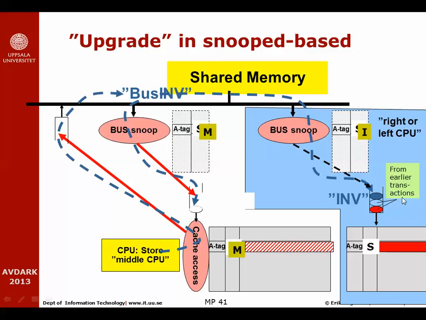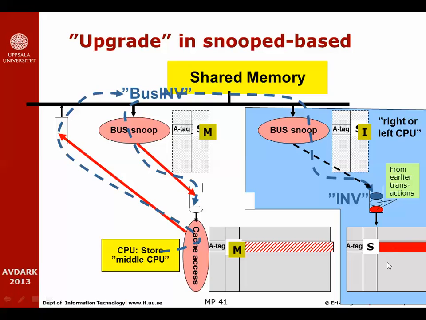Still, the invalidation has not been performed on the cache to the right here, because there are other pills sitting in the way. So here we have a system where the middle cache has changed the value for this specific cache line, and there are other replicated copies of the same cache line that still maintain the old value of that cache line.